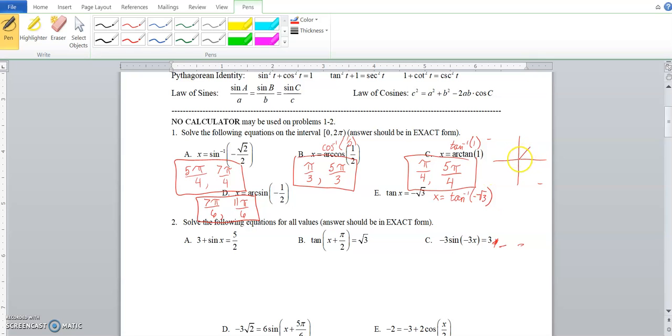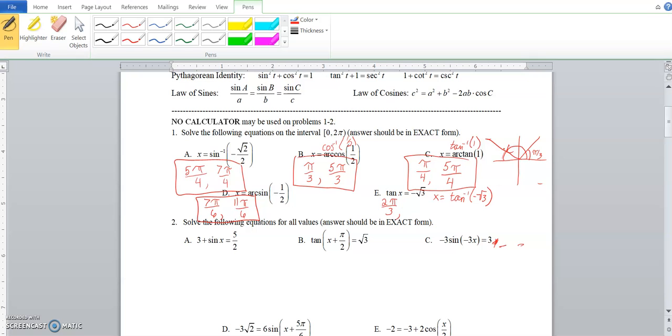So a positive square root of 3 would be pi over 3 or 60 degrees. But we need to go over here into this quadrant, so we're negative. So instead of a pi over 3 from 0, we're pi over 3 from this reference angle, or just 2 pi over 3.